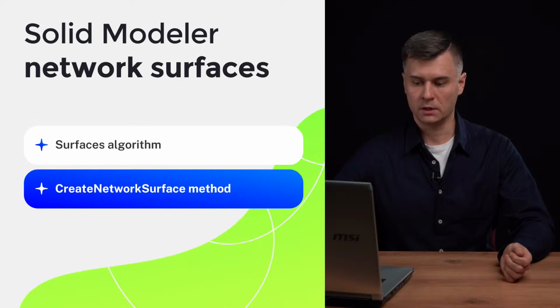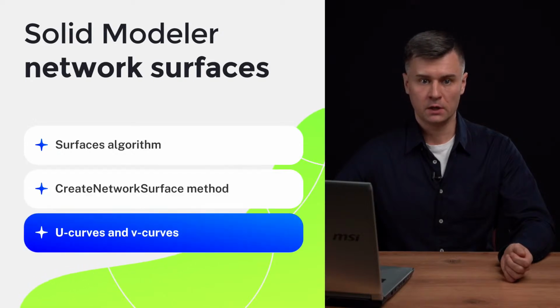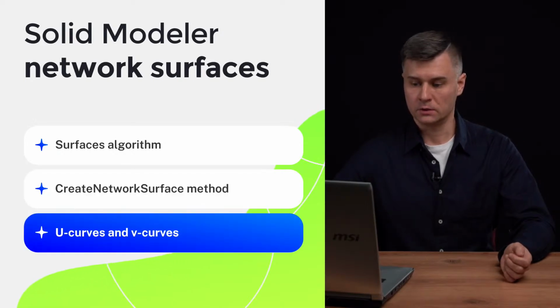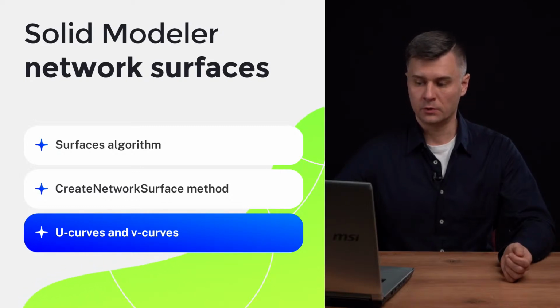We just have network surface native support for the ODB surface class. With the ODB surface create network surface method, it is possible to construct a surface by two sets of curves, U curves and V curves.